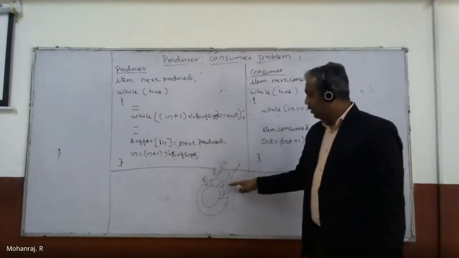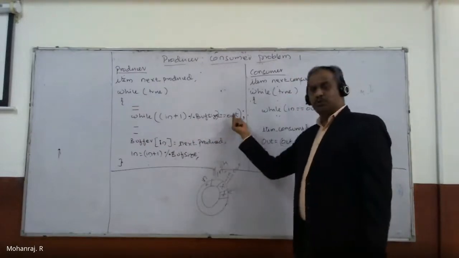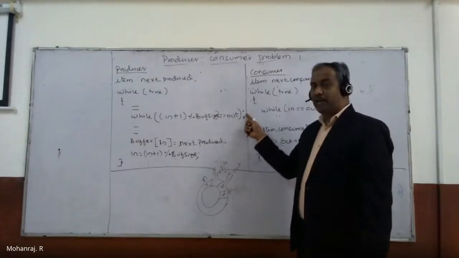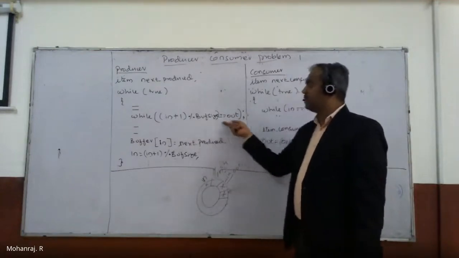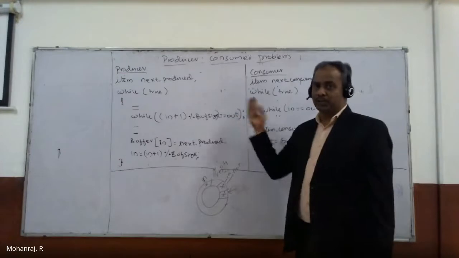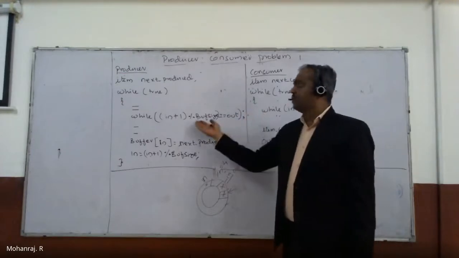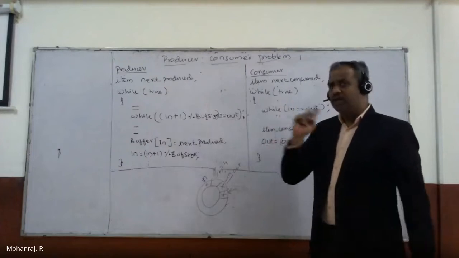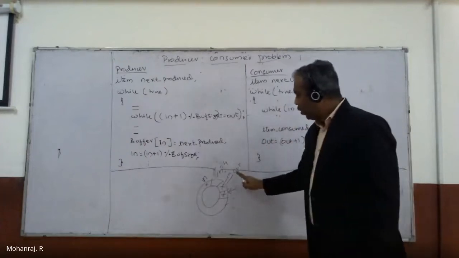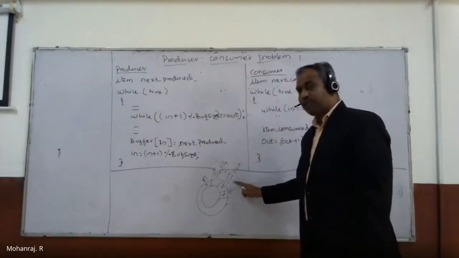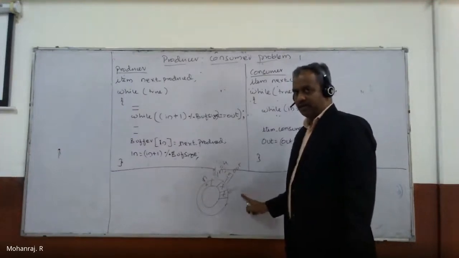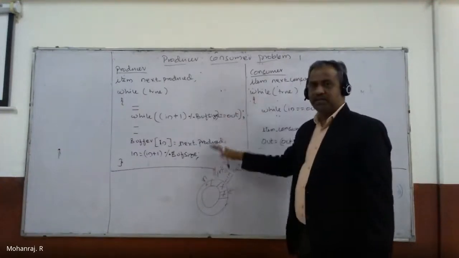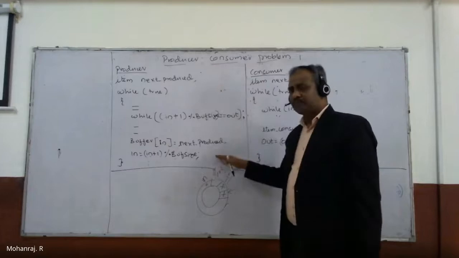And out is pointing to 0. So 0 equal to 0 is true. And it is going to keep the execution busy in this while loop. It will keep on executing until this condition becomes false. So this condition becomes false only if the out pointer is moved to the next place, right? So is it clear, this producer code?